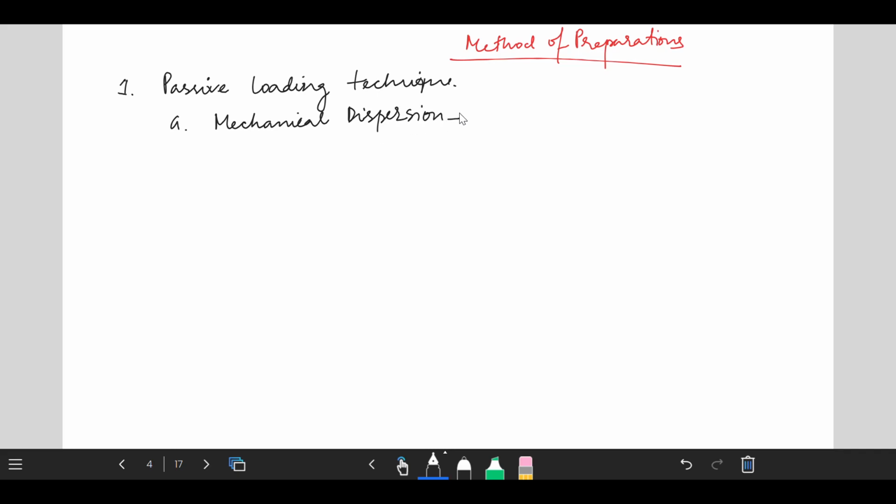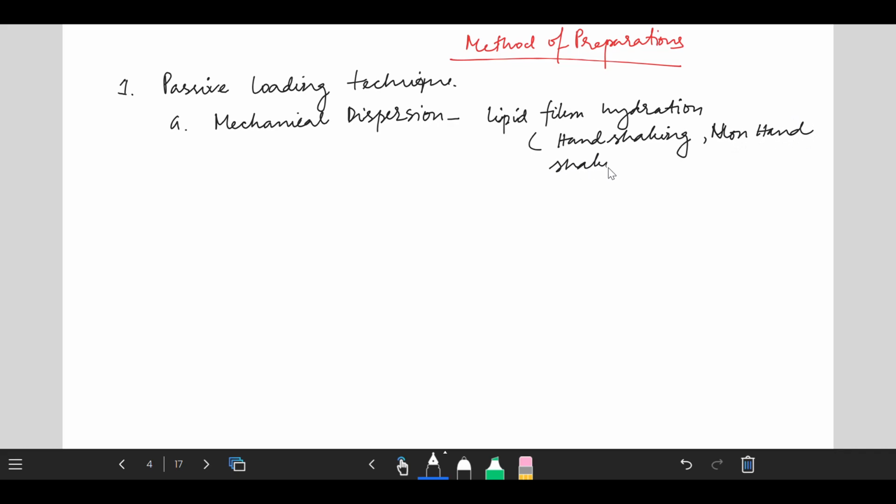In mechanical dispersion method, varieties of methods are used, like lipid film hydration, which can be handshaking method, non-handshaking method, or freeze drying.